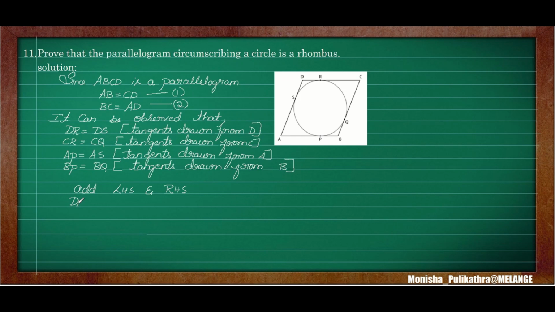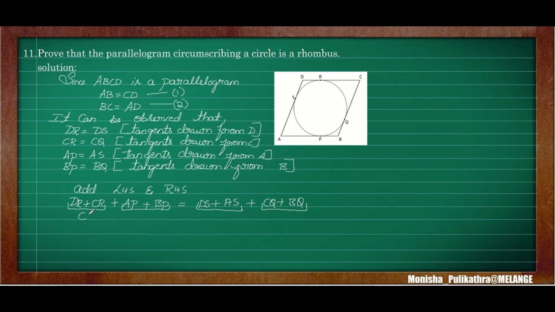So what will we obtain? DR plus CR plus AP plus BP is equal to DS plus AS plus CQ plus BQ. I will be grouping here itself. So DR plus CR, AP plus BP, DS plus AS, CQ plus BQ. So what is DR plus CR?